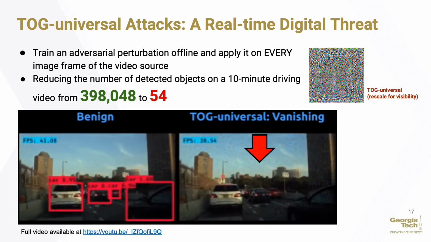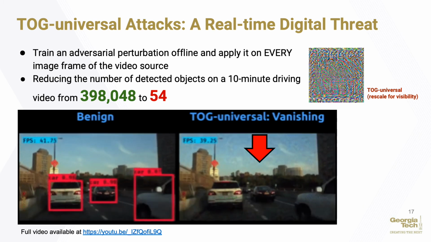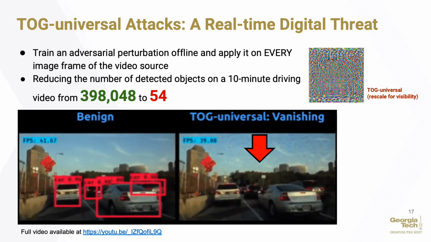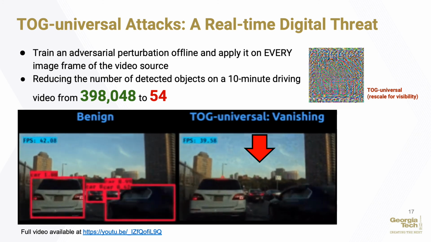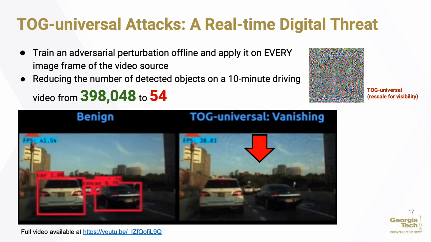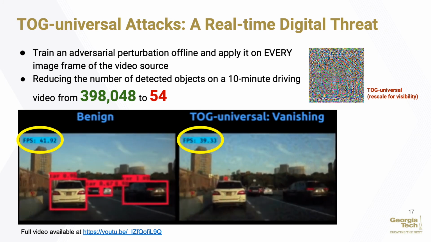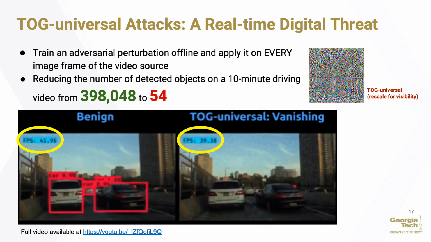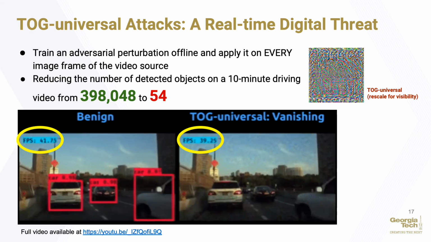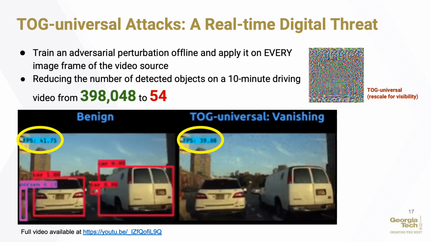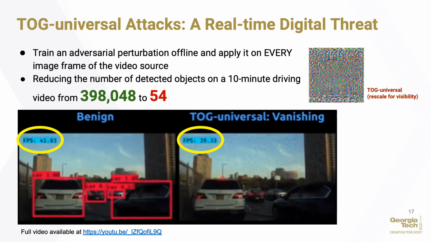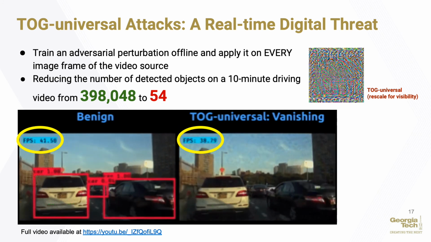By applying the same universal perturbation on every image frame from this video, the same detector can only detect 54 objects on the entire 10-minute adversarial video. This form of attack is particularly detrimental to systems requiring real-time responses because there is no per-input optimization involved. As indicated by the 2 yellow circles, the frames per second processed by the system is just slightly reduced from 41 to 39.